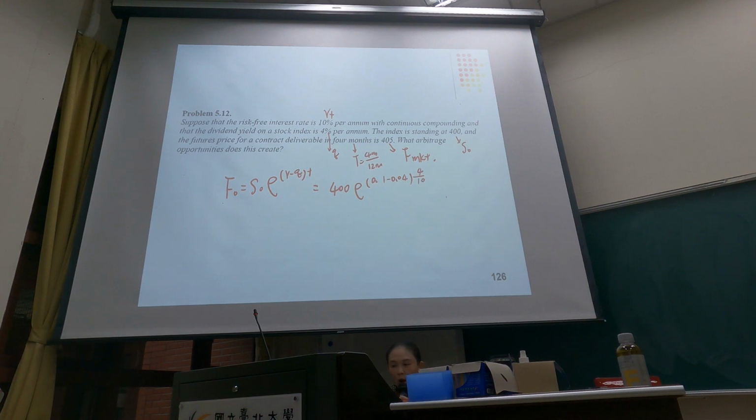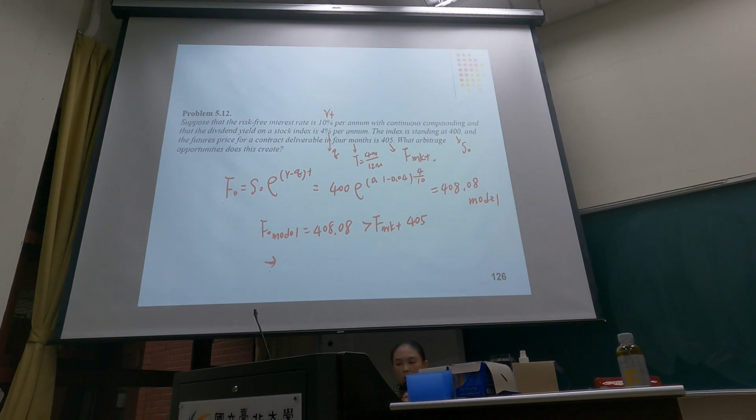So you figure out the theoretical value is 408.08. Remember, that's the model price. The model price F0 of 408.08 is higher than F market, which is 405.